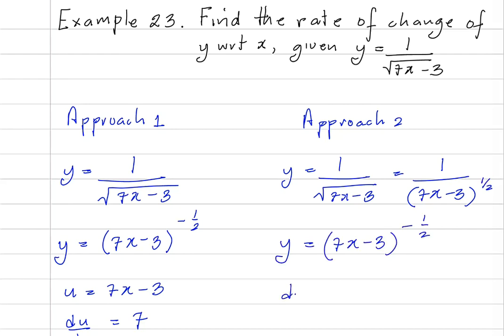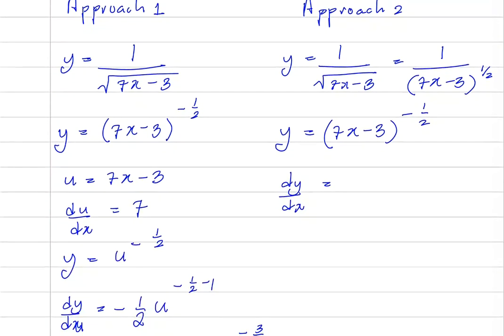Now, dy by dx, chain rule. The power comes to the front, so we're differentiating the outside function first. So it's minus a half that comes to the front. Then we have 7x minus 3. Now the power decreases by 1, so it's minus a half minus 1, which is minus 3 over 2, times the differential of the inside function.